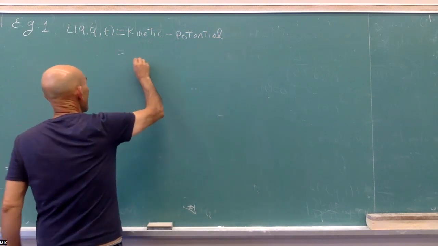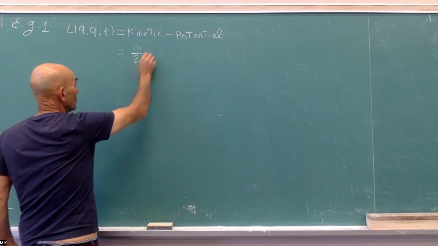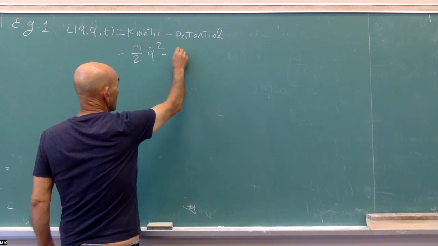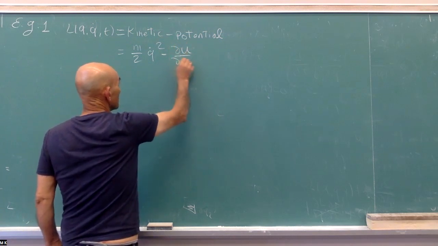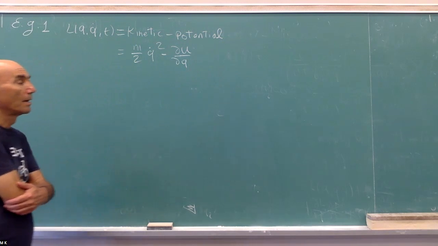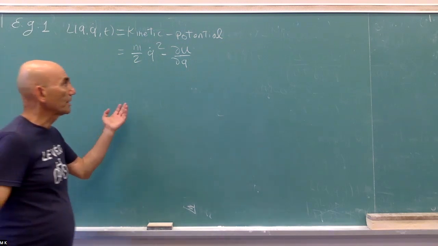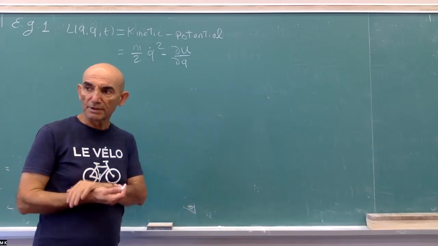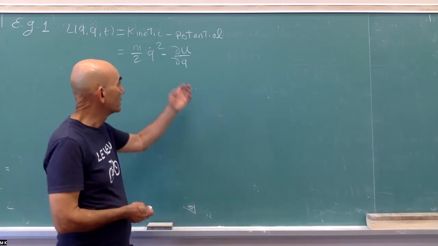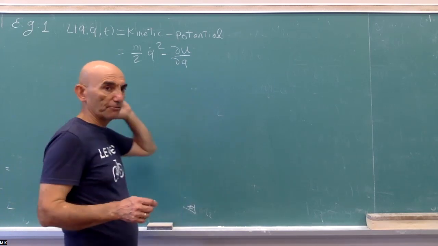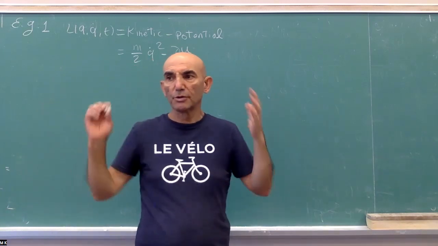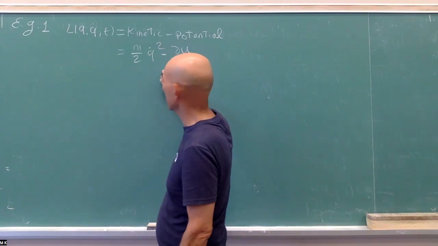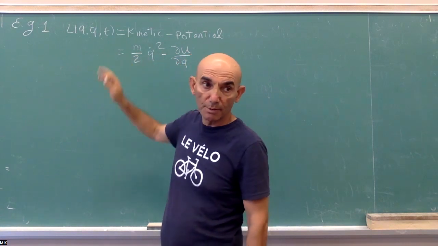So this is equal to, say, m over 2 q dot squared minus U of q, the potential energy. We are assuming that the particle is in a force field which is conservative, as we discussed in the last lecture, but we want to write a Lagrangian. We don't know about Newton's equation so much. We just want to write some Lagrangian, and this is the standard Lagrangian, kinetic energy minus potential.